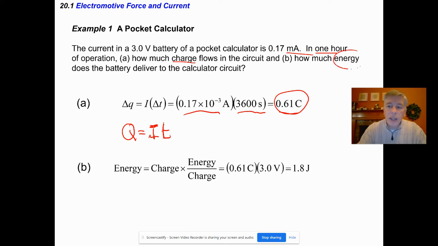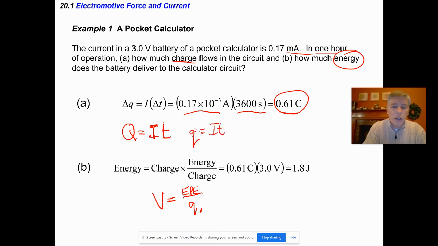The other idea that we'll get at is the idea of energy, and the way this is written is funny, but if you think about it, remember the potential difference was the electrostatic potential energy divided by charge, or a little test charge. So that's why you could write this as Q equals IT with a little one, because it's kind of your test charge. It's the thing moving.